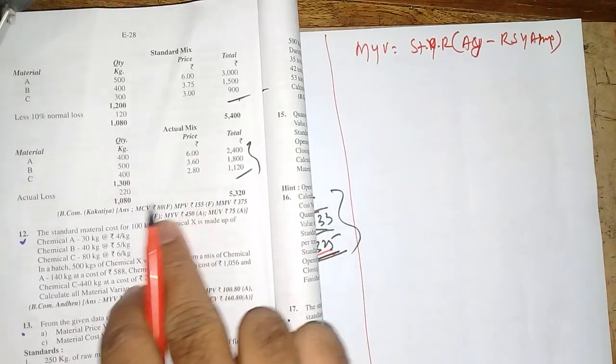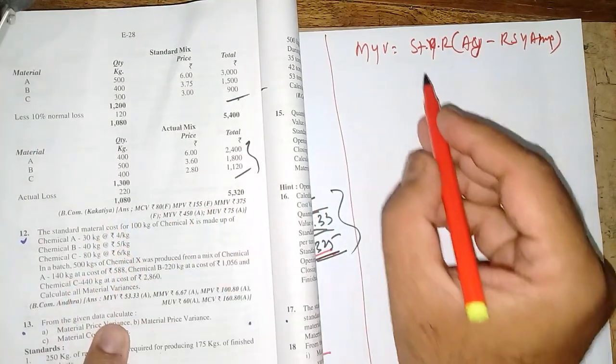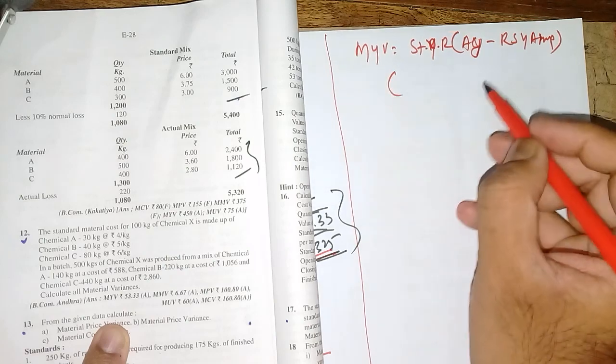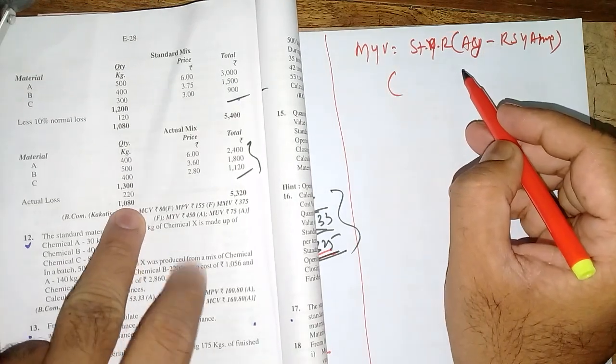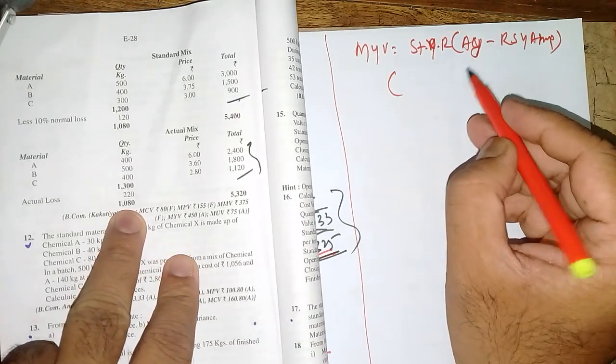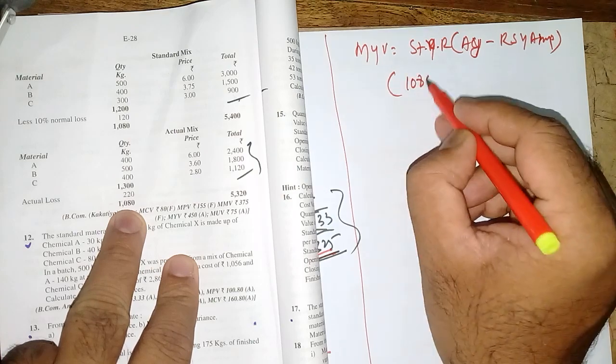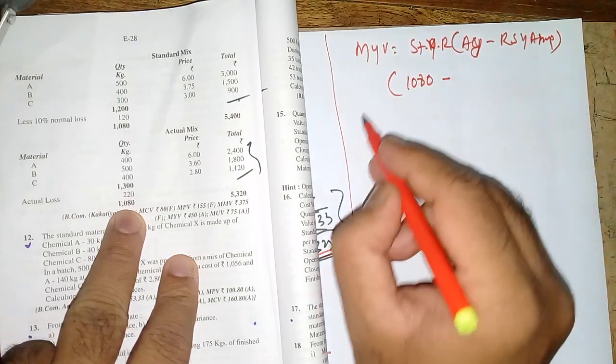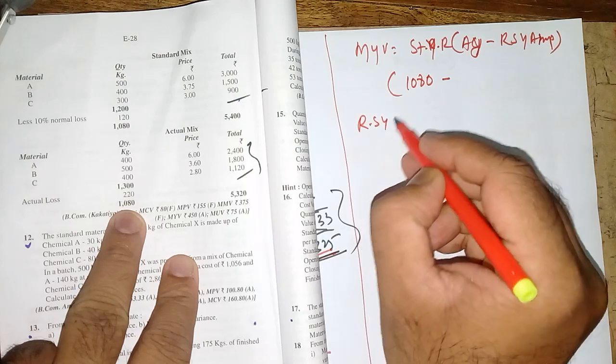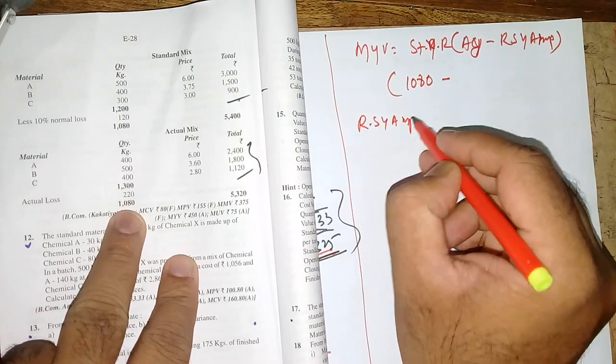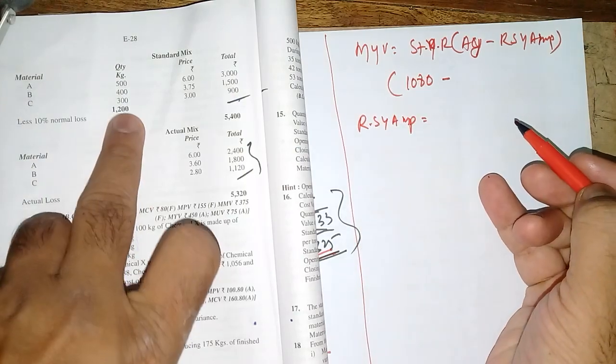So in this case, standard yield rate we don't know, but actual yield is directly given is 1080 minus, we need to calculate revised standard yield for actual input, is equals to actual input minus standard loss.